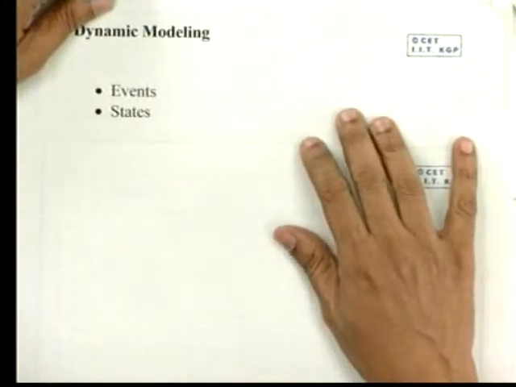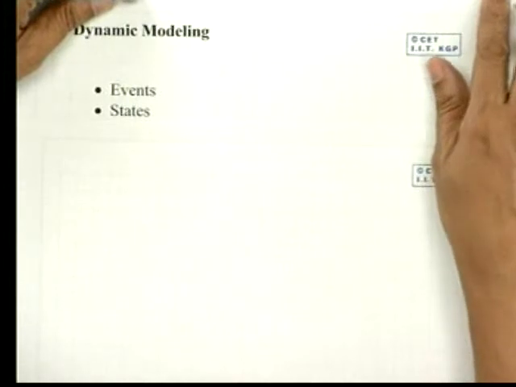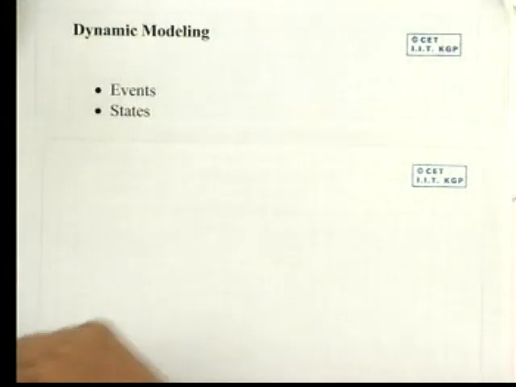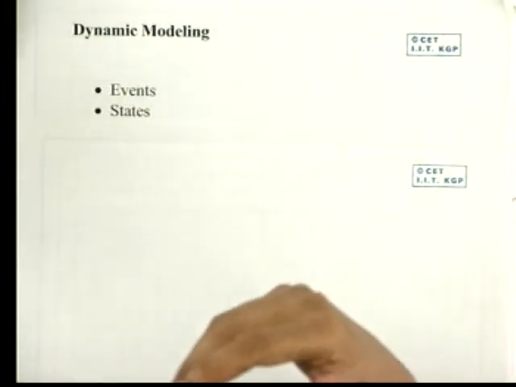In this model, events are something which may occur outside the definition of the objects, and the object will perform some operations depending upon when the event has occurred.